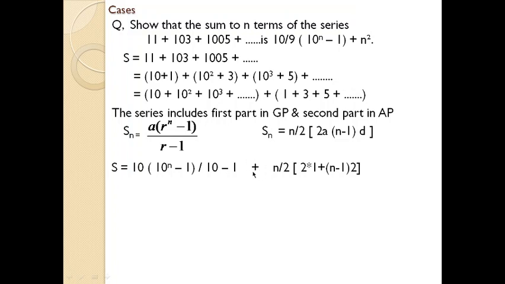Don't forget to put this plus, because look at the series here: first part of the series, after that there is a plus sign, followed by another series, so don't forget to put plus.